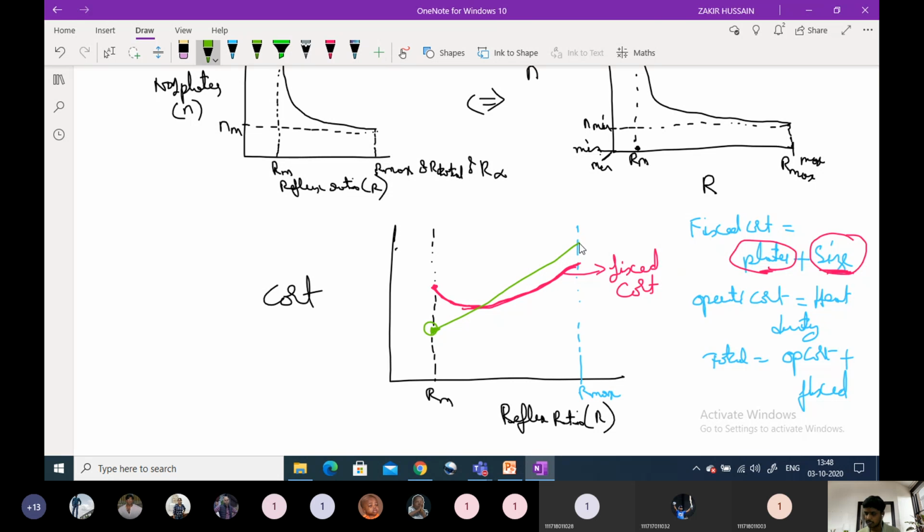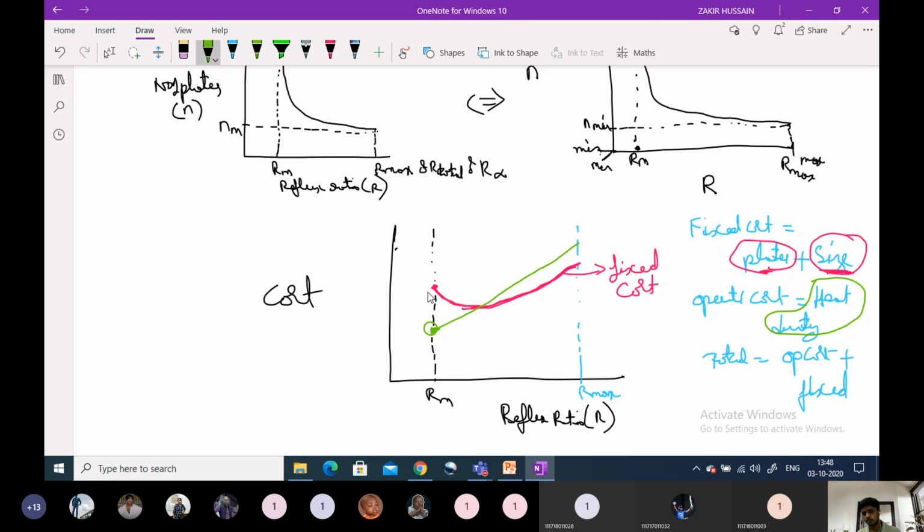Gradually it will continuously increase. As you increase the reflux ratio, the heat duty to the condenser and reboiler will increase. So operating cost is nothing but heat duty supplied to the condenser and reboiler. As you increase the reflux ratio, the heat duty on the condenser and reboiler will gradually and continuously increase.